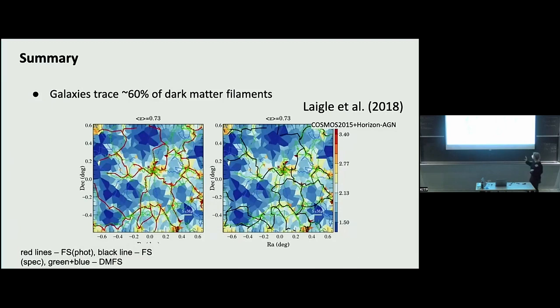identification of the filament system, and this result in our work is the same result that was mentioned in the work of Laigle in 2018.